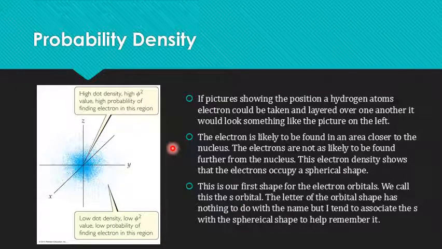So, we call them probability density. If pictures showing the position of a hydrogen atom's electron could be taken and layered over one another, if we could take thousands and thousands of pictures of a hydrogen atom and highlight where its electron is in each one, we would get something that looks like this, where the electron is all over the place.